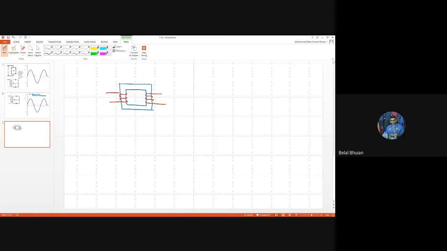What happens is that if you apply an AC signal here, let's say you apply a signal Vi, so Vm sine omega t, there will be a current I. Let's say the current is Im sine omega t.